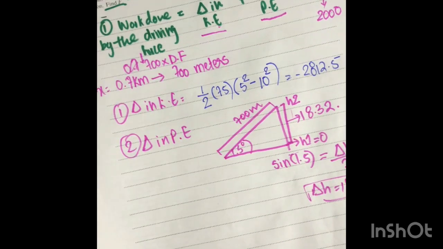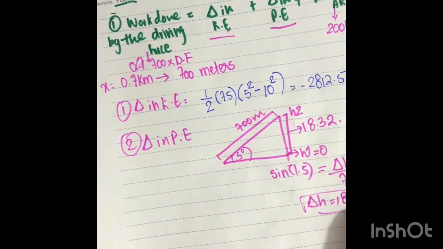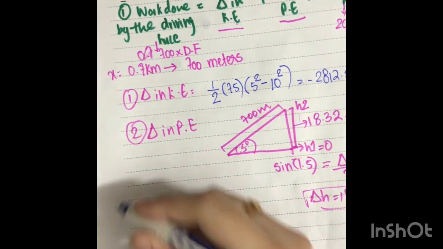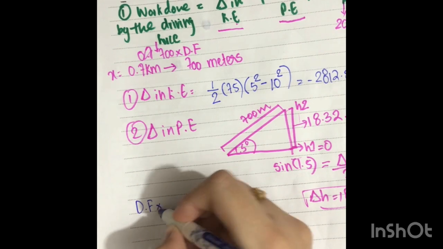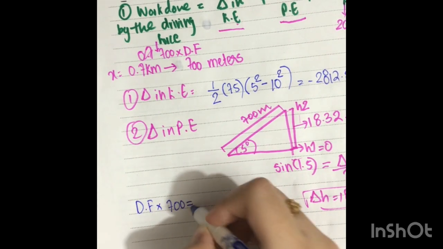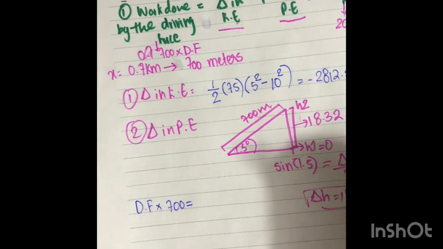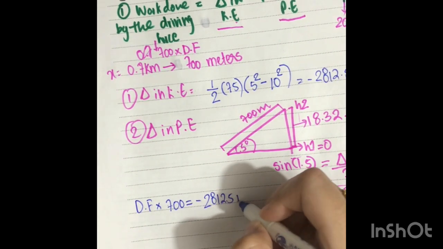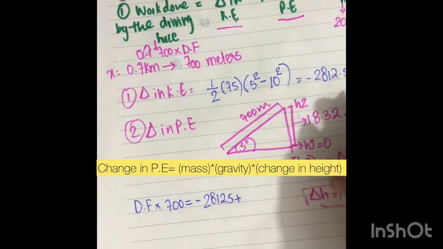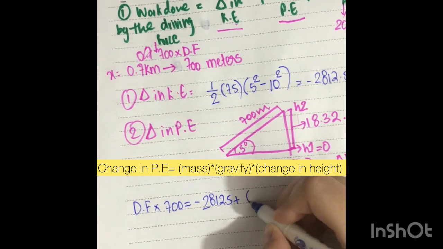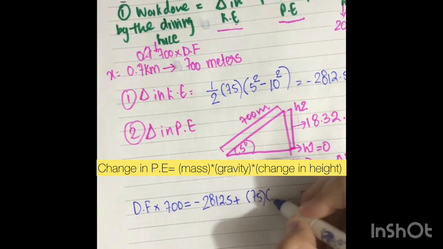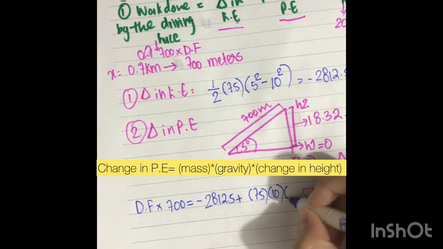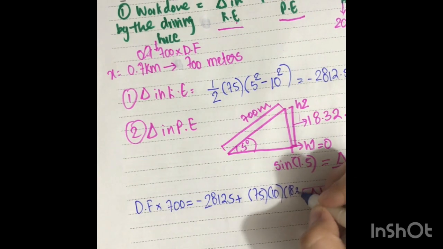So the work done by the driving force, which is the driving force multiplied by the distance traveled, is equal to the change in kinetic energy, which is negative 2812.5, plus the change in potential energy, which is the mass multiplied by 10 multiplied by 18.32.